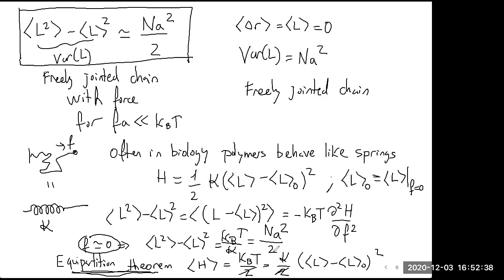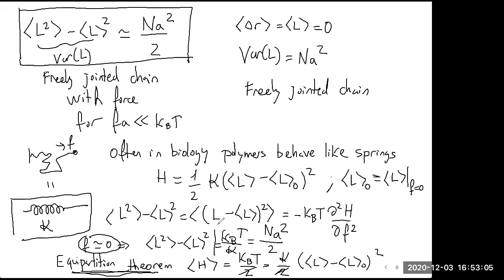So this implies that one can relate the stiffness of a polymer in this kind of average or coarse-grained description, because we know the polymer has more details. It's not just a spring, it's much more complicated than that. But when you approximate it as a spring, then you can ask, what is the origin of the spring constant?